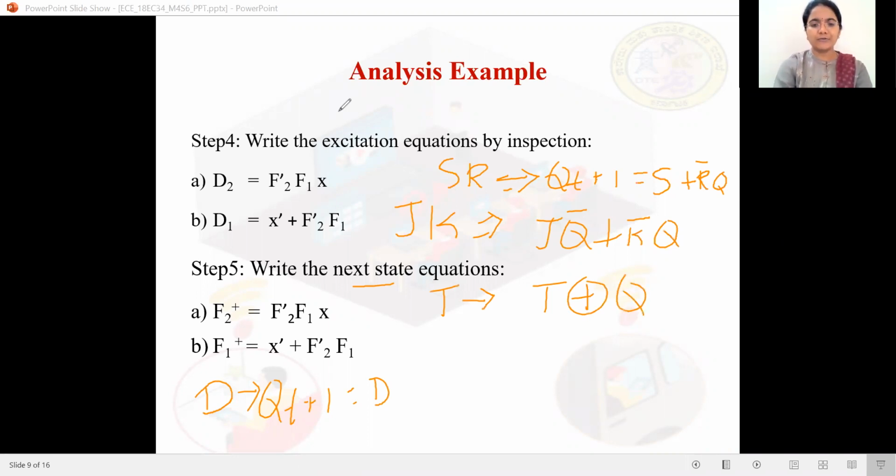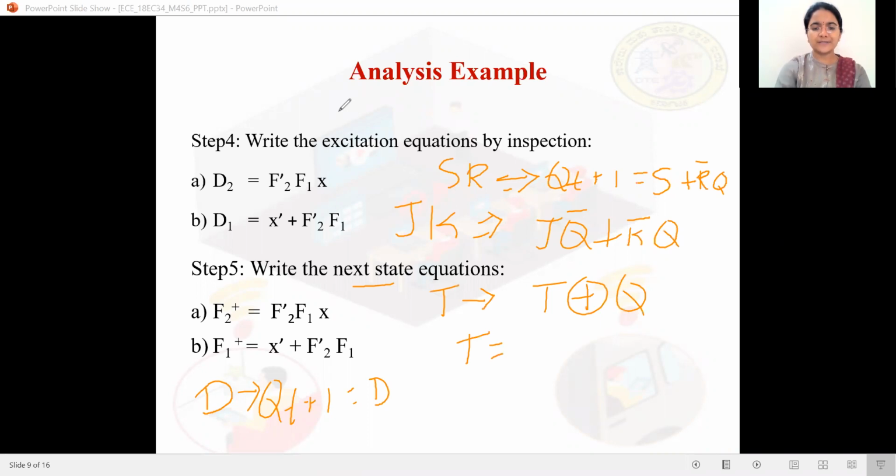These are the characteristic equations that we know for the flip-flops. While writing the next state equations, if they give a flip-flop other than the D flip-flop, let us consider the T flip-flop.